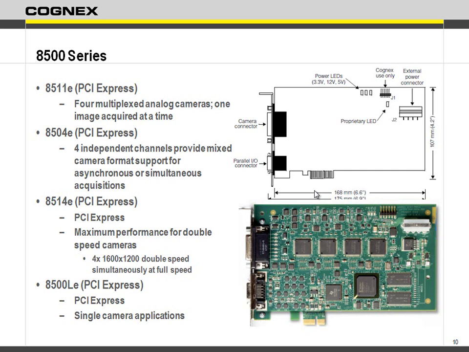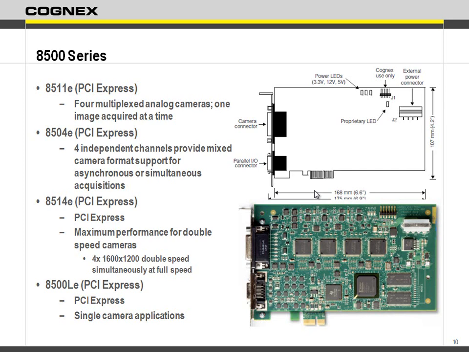Then we also have the 8514. It looks like the ones that they're quoting here, because we've gone to PCI Express cards, because we're finding that our bottleneck started being getting the acquisition into the memory buffer of the computer. So we had to go up to PCI Express cards, because we didn't want that to be slowing down the operation.